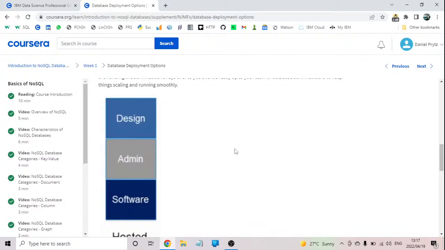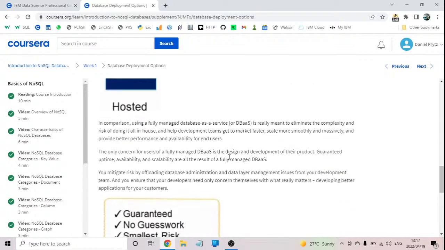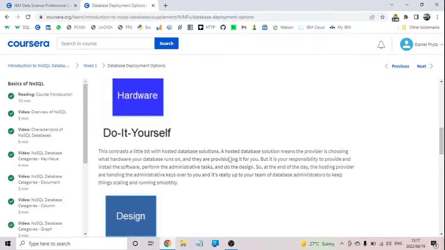This one is called the hosted deployment. The other one is called do-it-yourself deployment, and so on and so forth. Let's keep going. This contrasts a little bit with hosted database solutions.